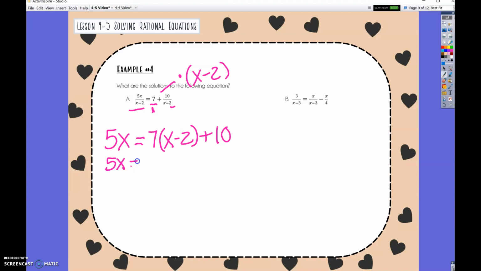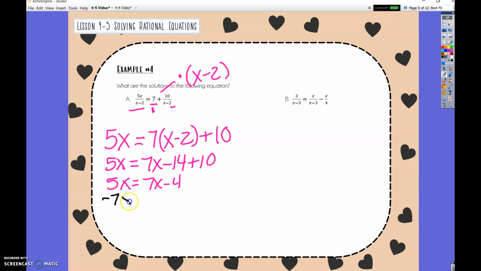So we'd have 5x equals 7x minus 14 plus 10. We'd have 5x equals 7x minus 4. Add 4 to both sides. Oh, let's not do that actually because it will have nothing to combine with. So we're going to go ahead and subtract 7x from both sides.